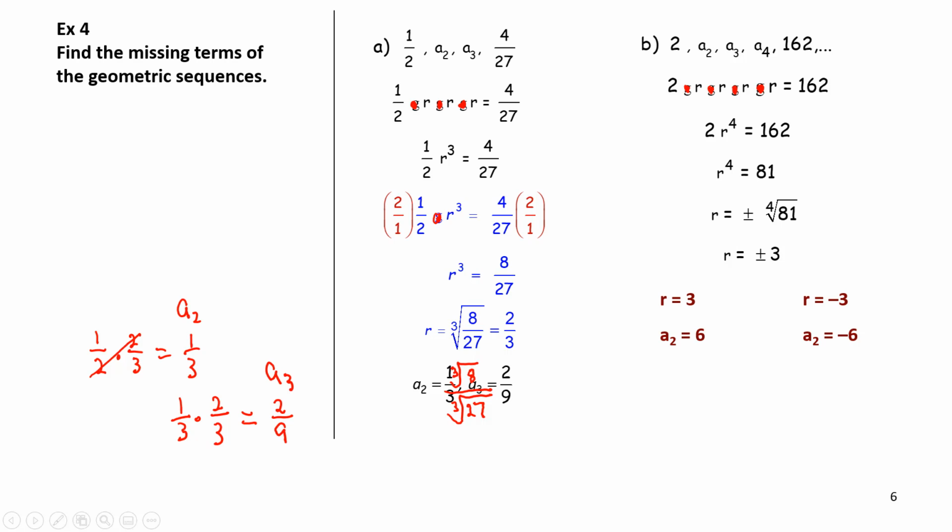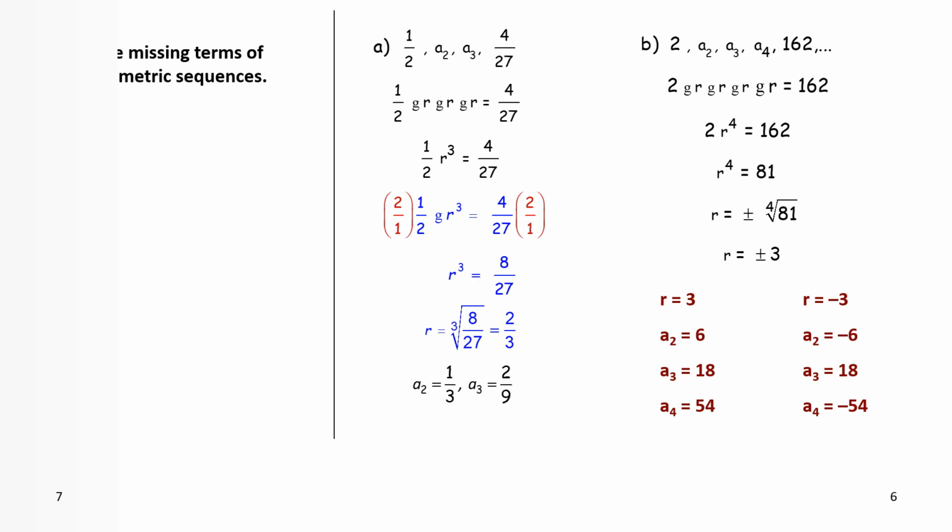Now we need to multiply both of these. 6 times 3, negative 6 times negative 3. Let's see if it all works out. 18 times 3, 18 times negative 3. And one more time, 54 times 3, negative 54 times negative 3.